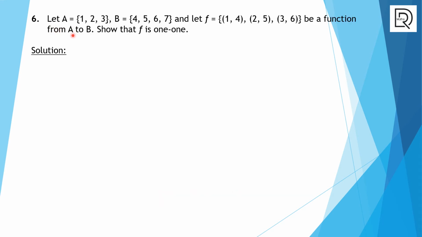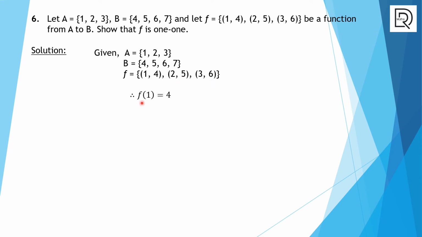Next question number 6. This is a simple question. Here these are given: A equal 1, 2, 3, and the set B equal 4, 5, 6, 7, and f equal (1, 4), (2, 5) and (3, 6). This means the image of 1 is 4, and image of 2 is 5, and image of 3 is 6.